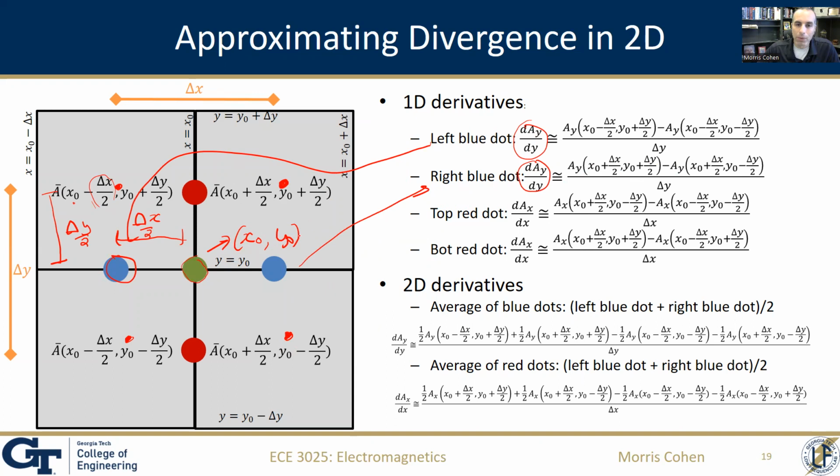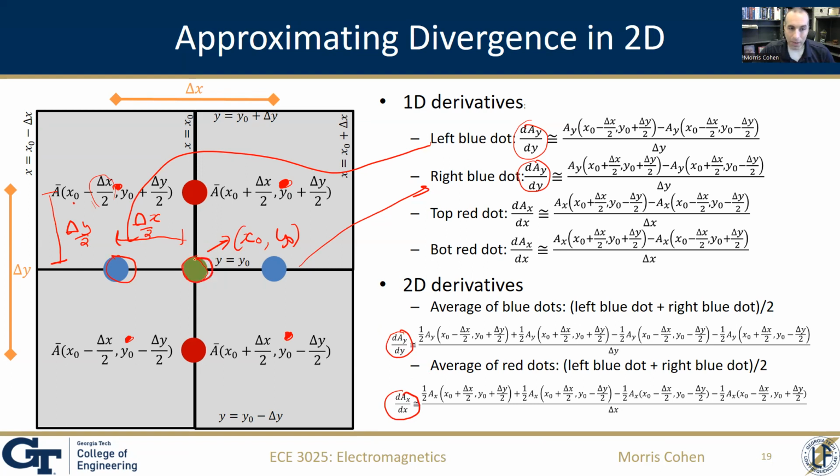And we're going to do the same thing with the red dots as well, except for the red dots, we're averaging the side-to-side variations, the one that's to the left and the one that's to the right. And to take the combination of these red dots and blue dots, we're going to take the average of everything. So average the 2 blue dots, and that's going to give us our best guess of dAy/dy. Take the average of the 2 red dots, and that's going to give us the estimate of dAx/dx.